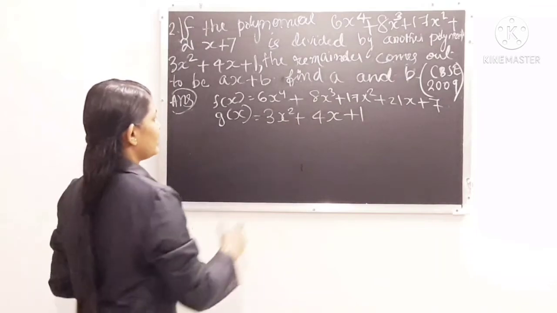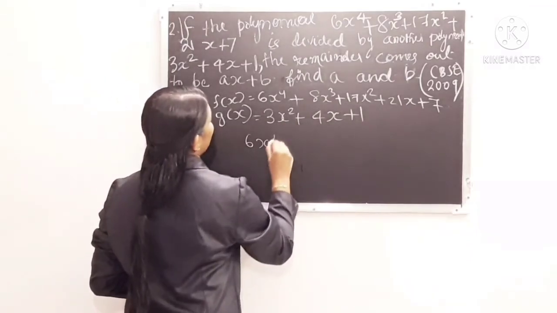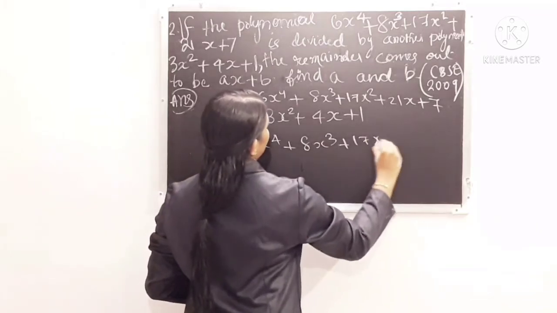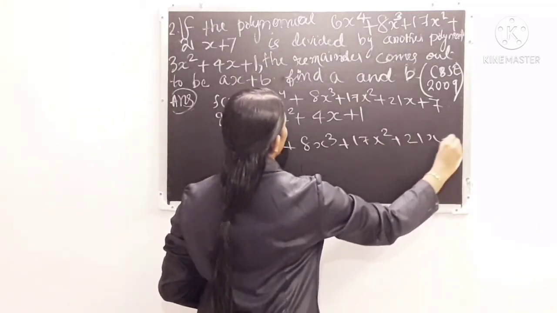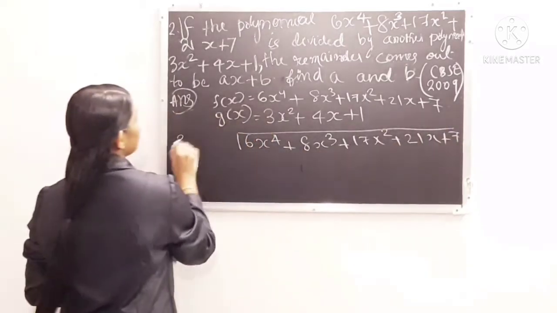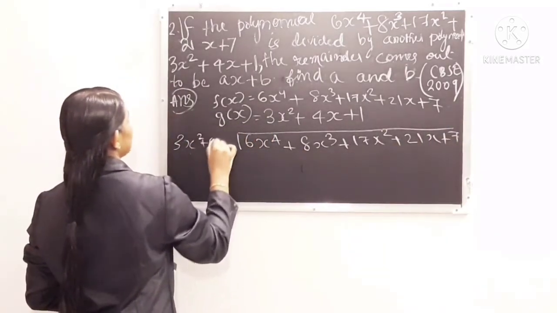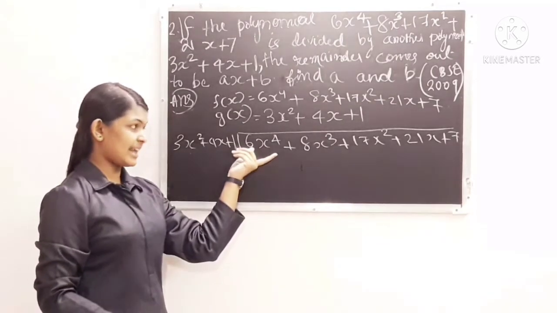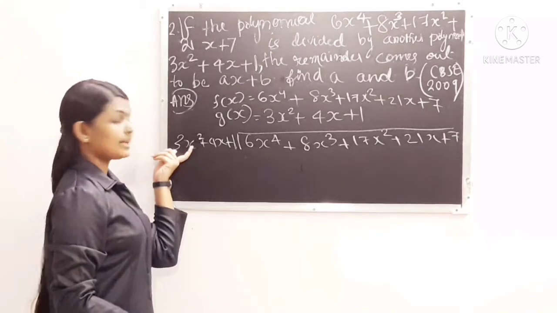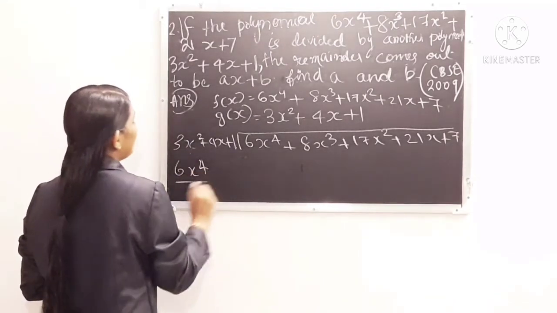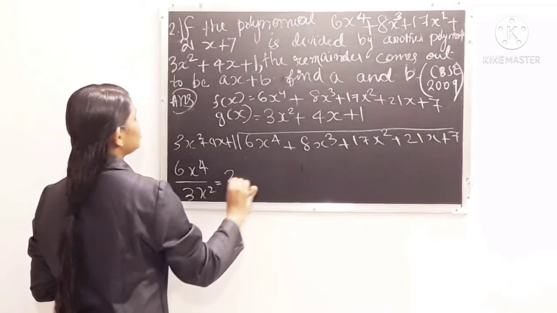We can divide it. So 6x raised to 4 plus 8x cubed plus 17x squared plus 21x plus 7 is divided by 3x squared plus 4x plus 1. First of all, we divide 6x raised to 4 by 3x squared, and we get 2x squared.